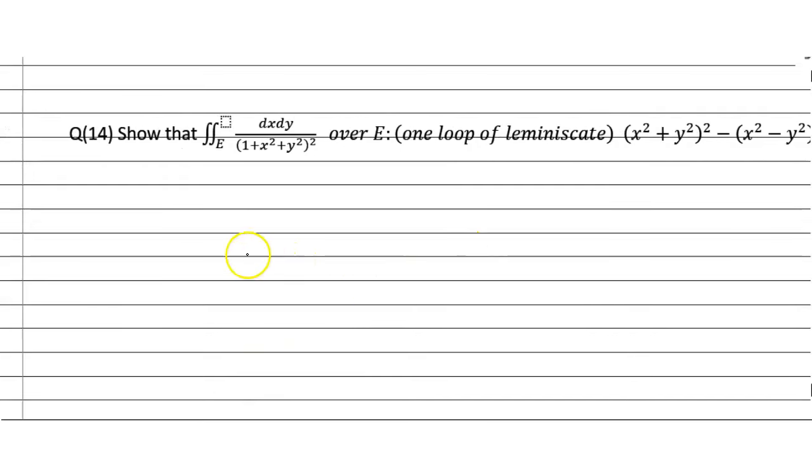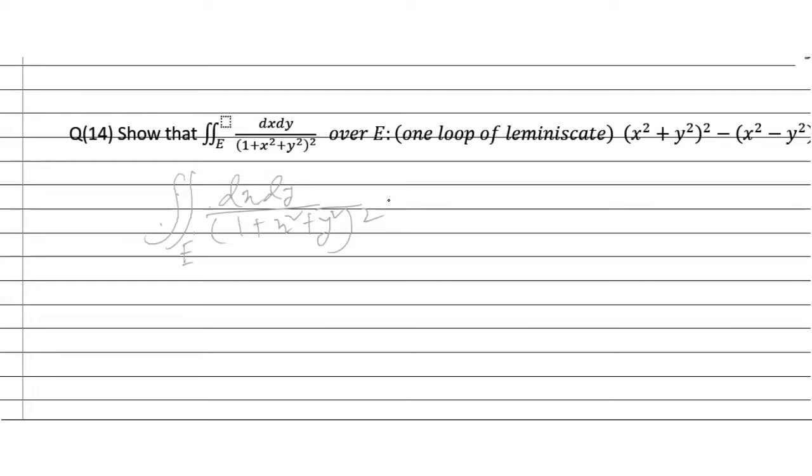So the next problem is the double integral dx into dy divided by 1 plus x square y square whole square. Now how can I solve this problem?